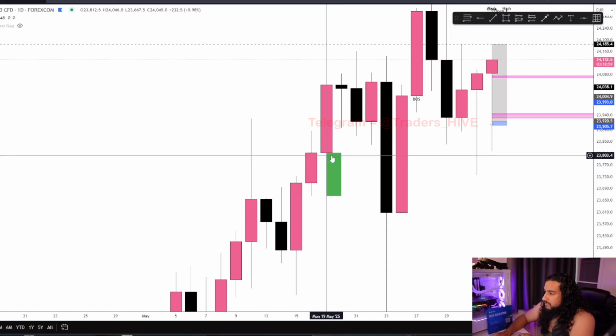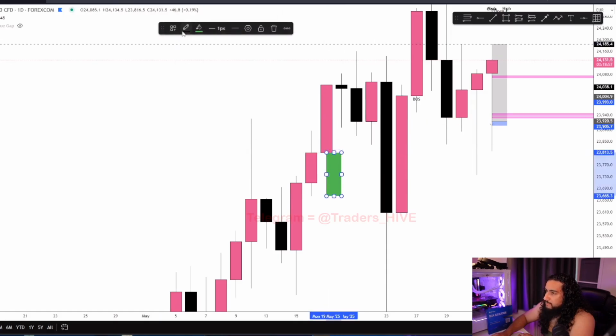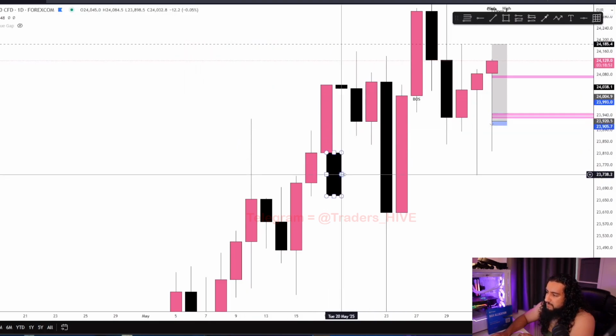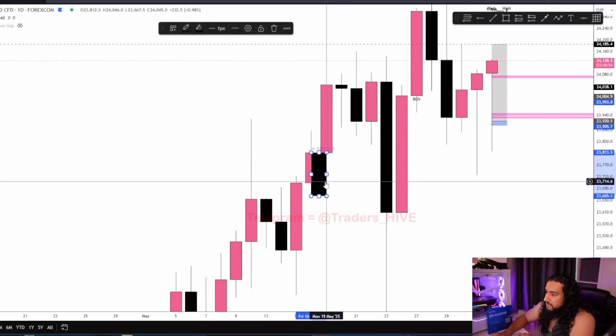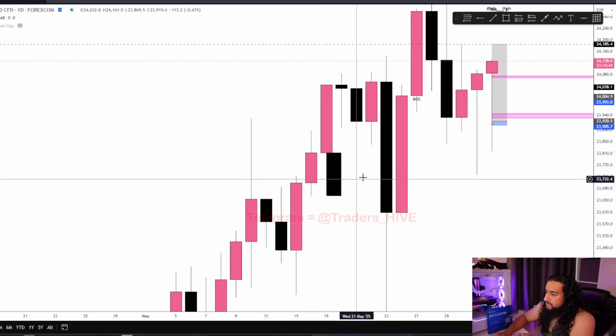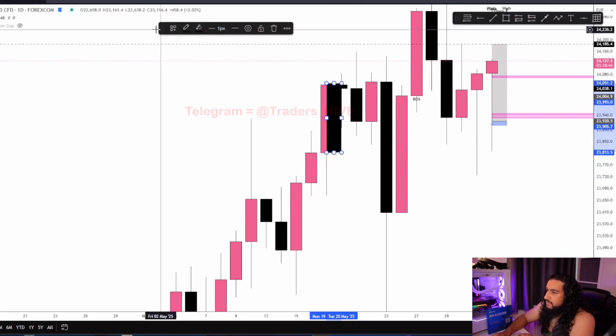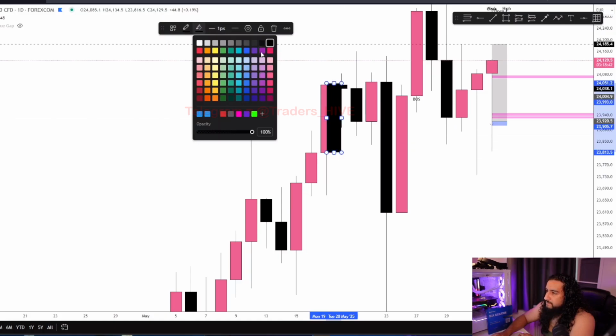At one point, this candle looked like that, because my bearish candles are black, but imagine at one point this candle looked like this and then it flipped bullish and continued up to then be pink.